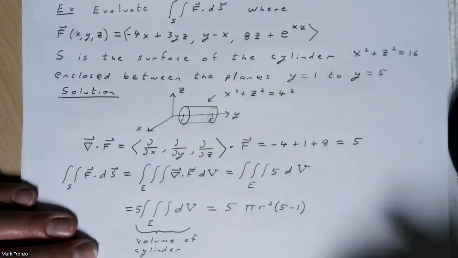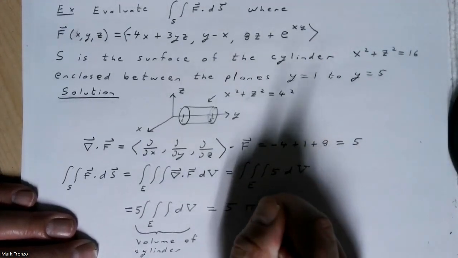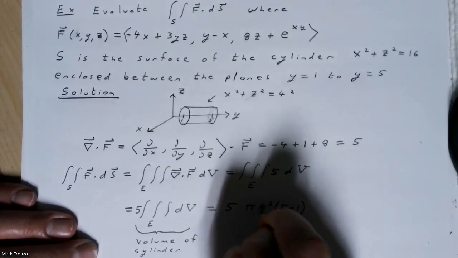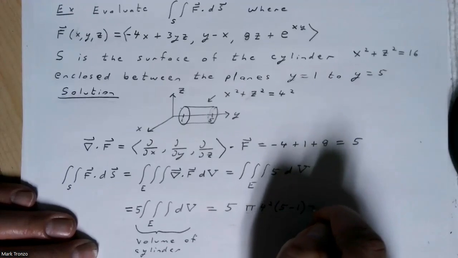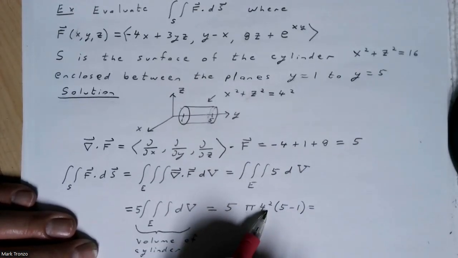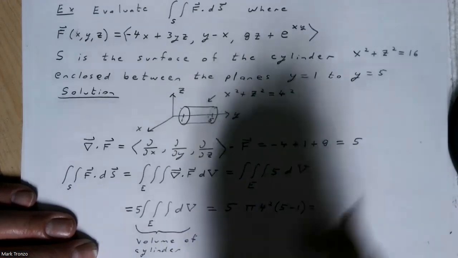And actually, we know the radius. So let me put that in. That was 4 squared. So it's going to be 4 squared times 4, which is 4 cubed.